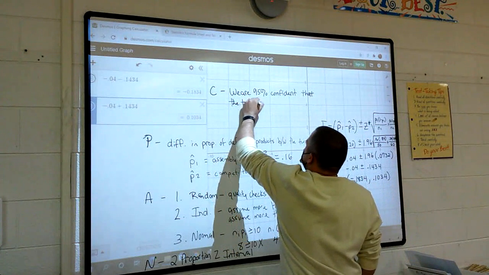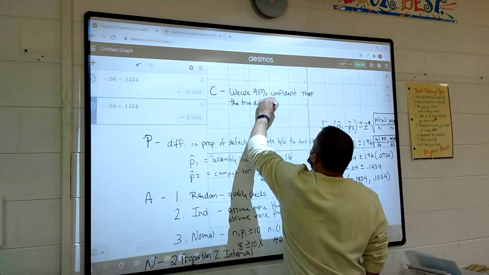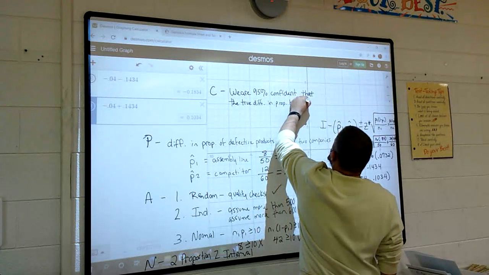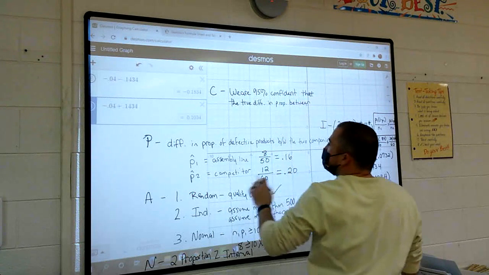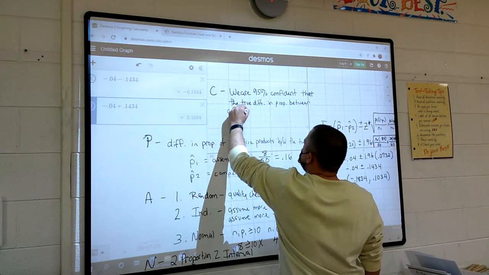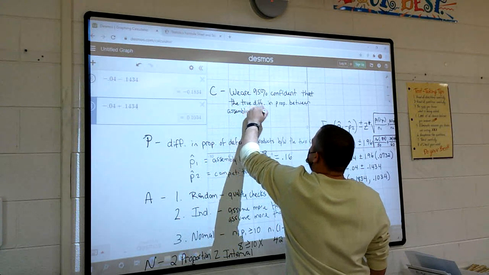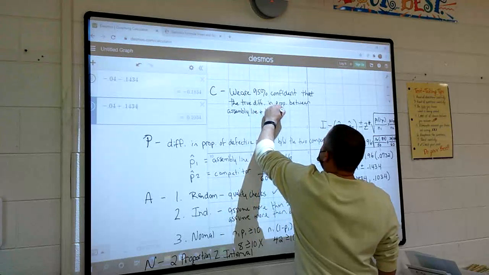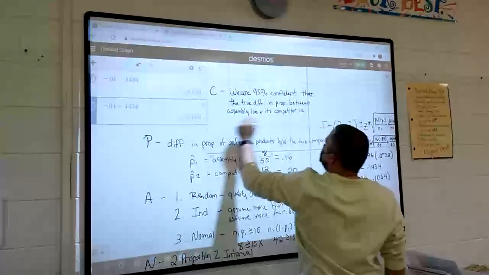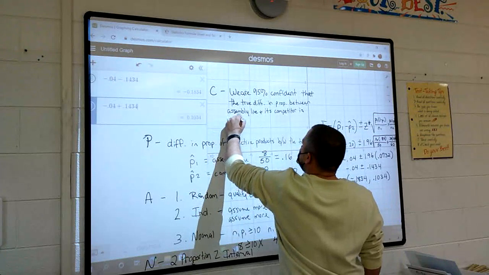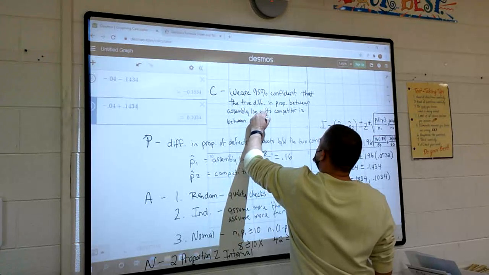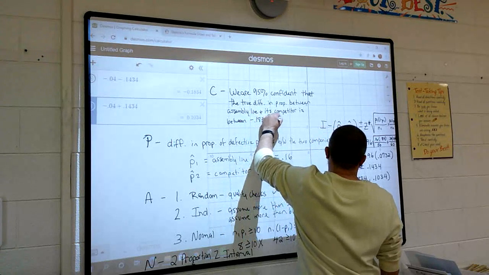difference in proportions between the assembly line and its competitor is between negative 0.1834 and 0.1034.